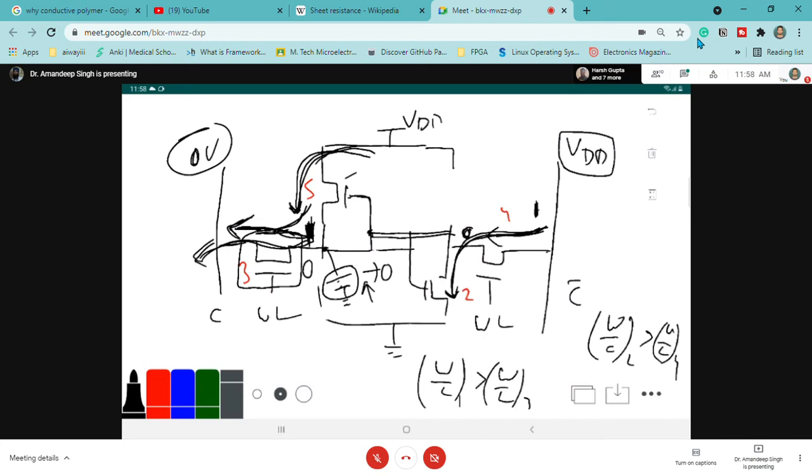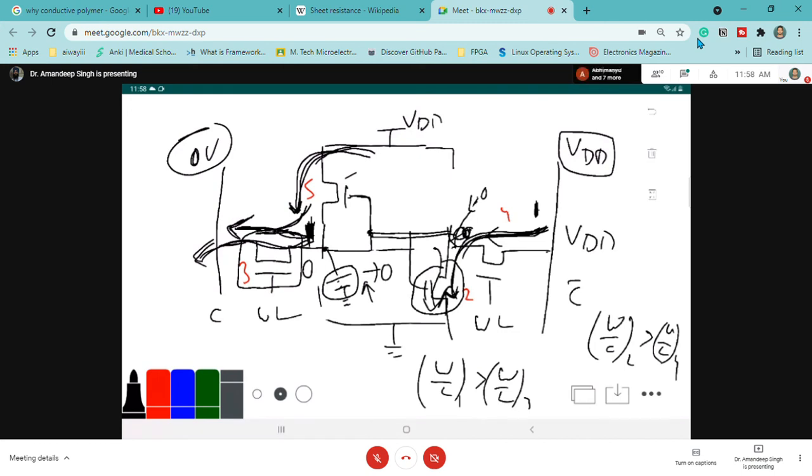Clear? It is basically the same if you compare with the last operation. In that, see, this is the VDD, this is the 0. This is going to charge this one. In order to make this 0, we should make this MOSFET W by L ratio more, so that it has more current sinking capacity.